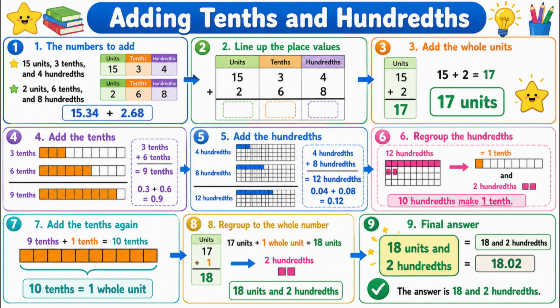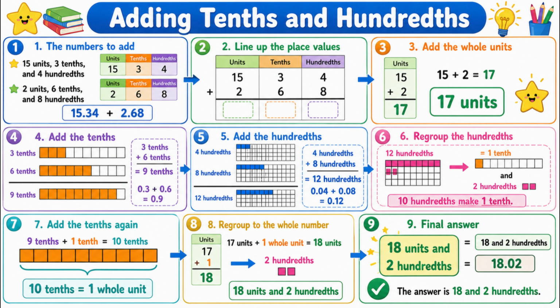Adding tenths and hundredths. Let us add 15 units, 3/10ths, and 4/100ths, plus 2 units, 6/10ths, and 8/100ths. First, add the whole units. 15 plus 2 equals 17. Now add the tenths. 3/10ths plus 6/10ths equals 9/10ths.